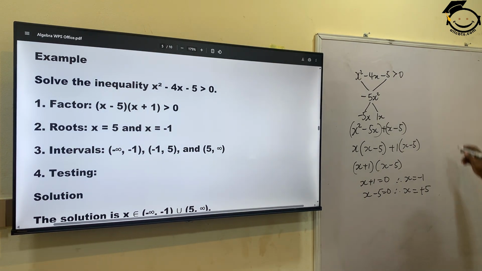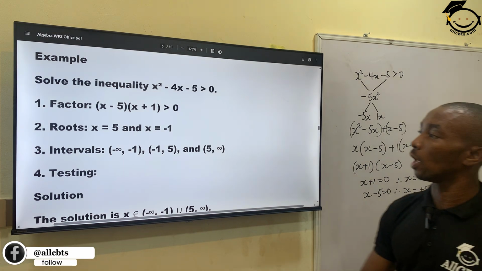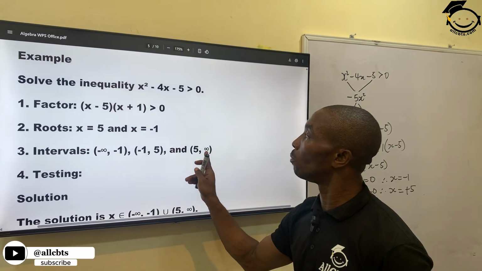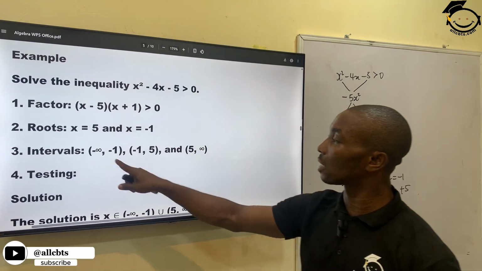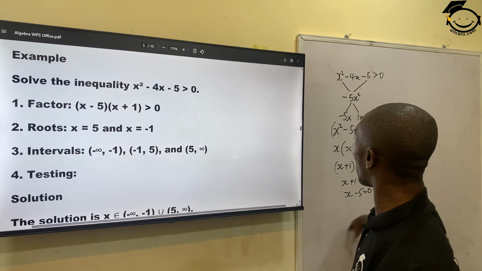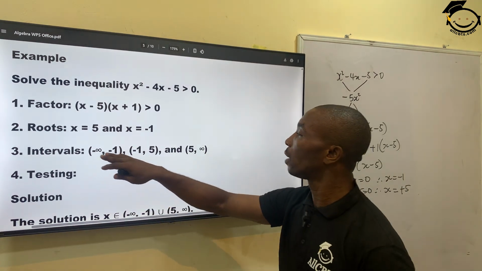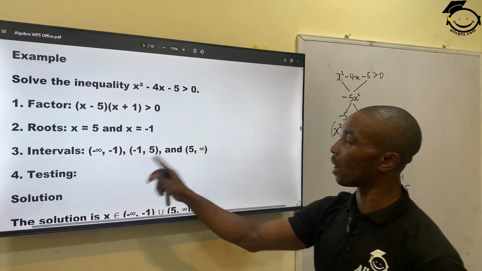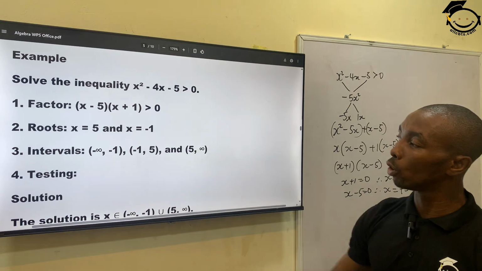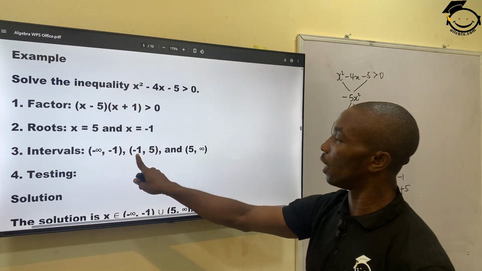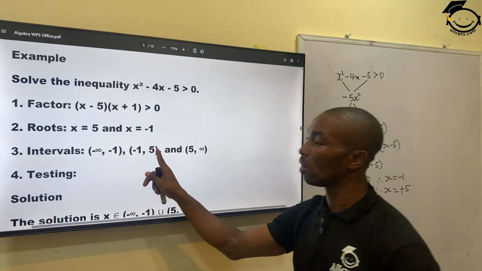Our infinity here is brought in at both extremes in case our roots do not fall in place or are greater than this. That's why we have our infinities at both ends. But the major intervals we are looking at are minus 1 and 5.